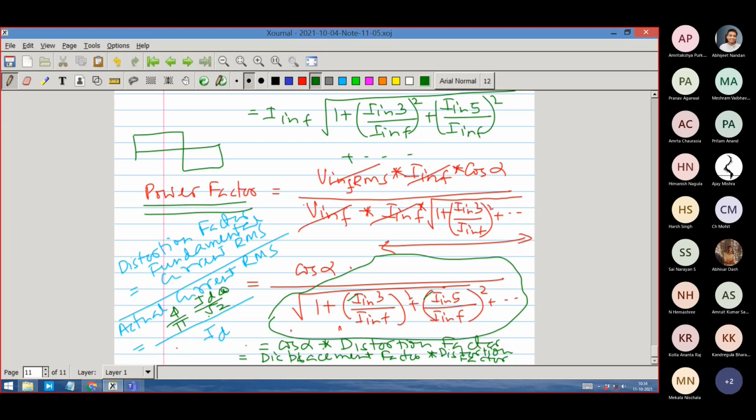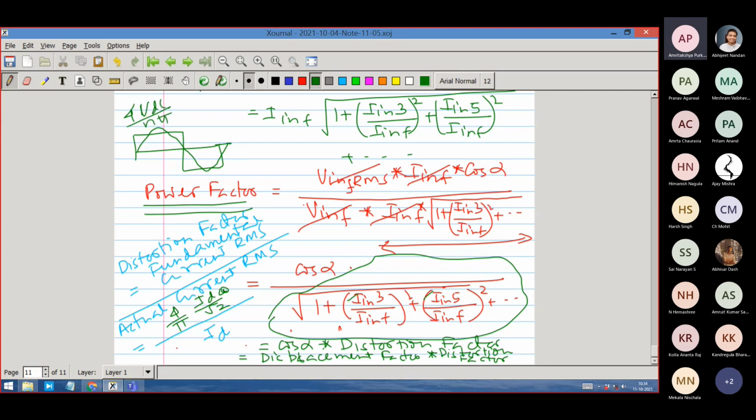Right? What is the peak of a sine wave coming out of a square wave? You have studied that: 4 VTC by n pi. That is the peak. Do you not remember the formula?